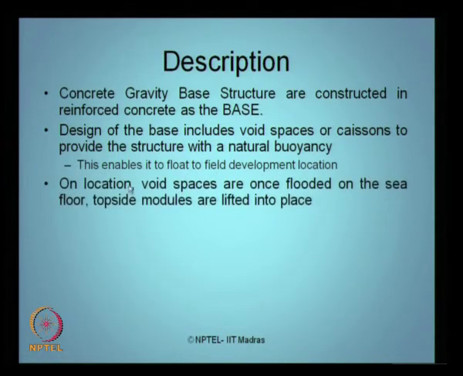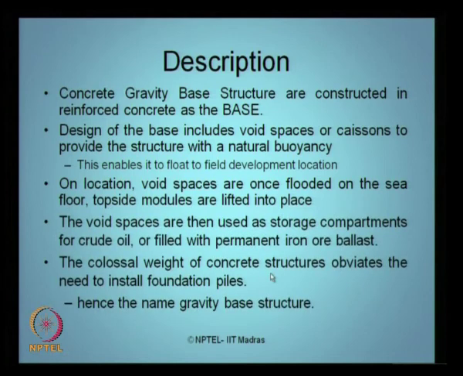Once the location is reached, these void spaces are flooded on the sea floor. The topside modules are lifted and placed in position over the top of these caissons. The void spaces are then used as storage compartments for storing the explored crude oil. Sometimes they are also used to fill permanent iron ore ballast to maintain stability during operations.